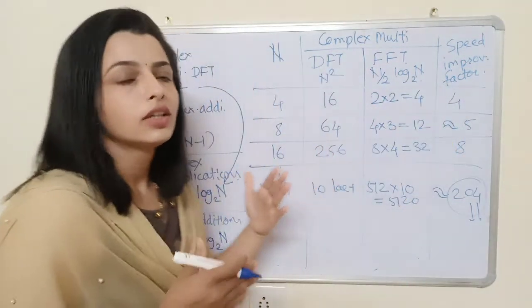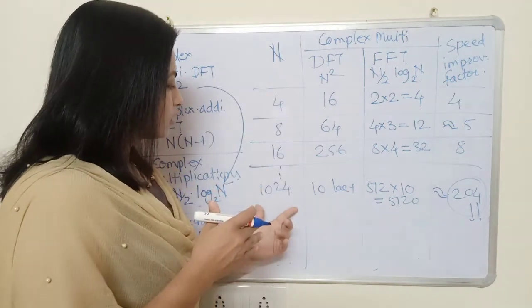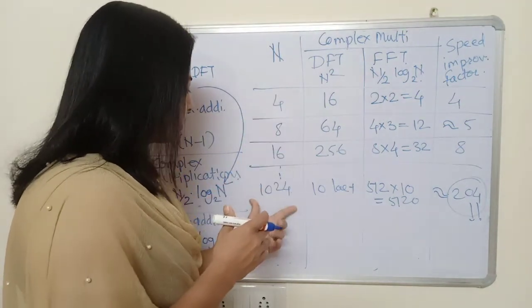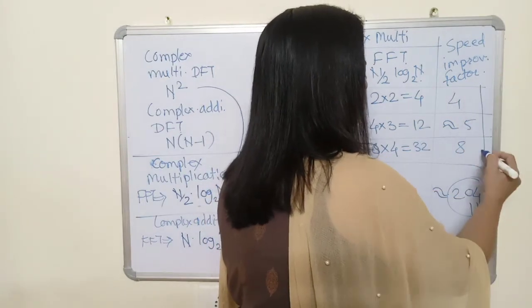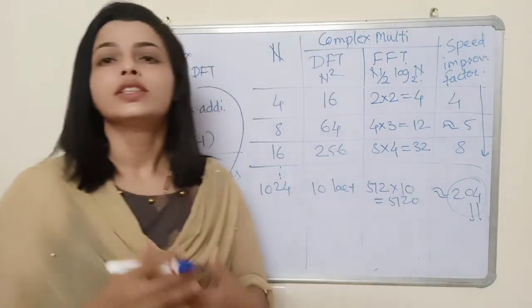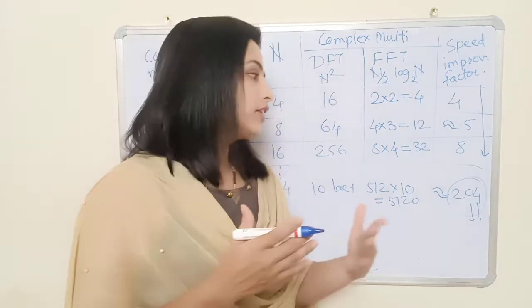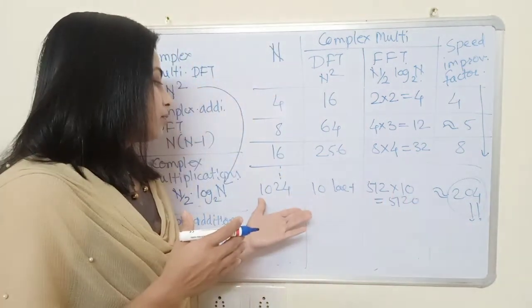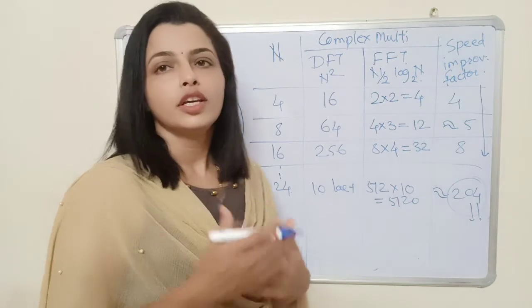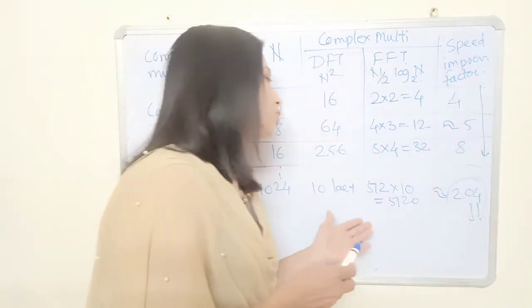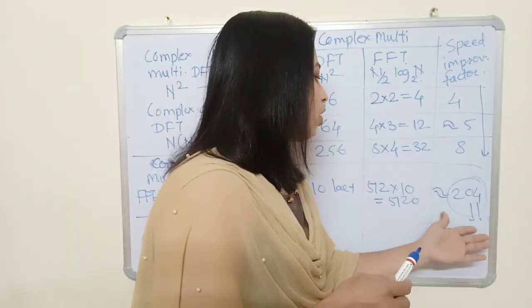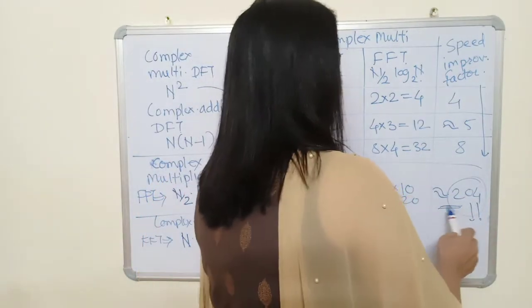You can see that as n goes on increasing, the speed improvement factor is also increasing. So this is beneficial when you are using a larger number of input points. The computational complexity is reduced by a much larger factor.